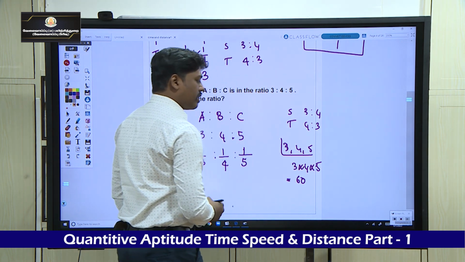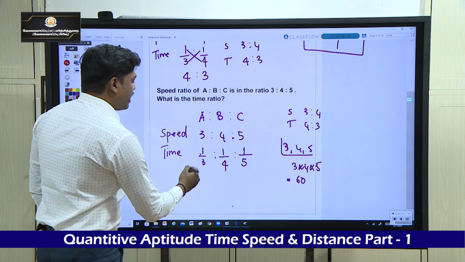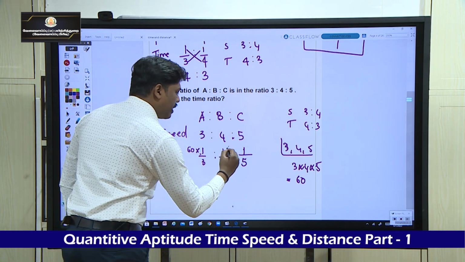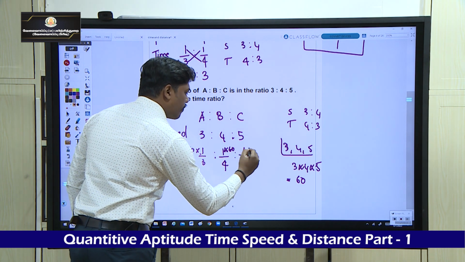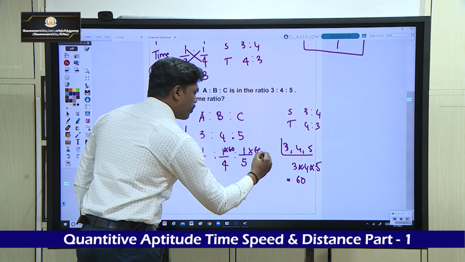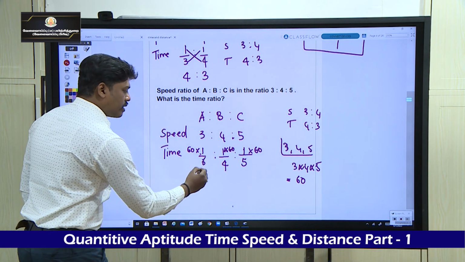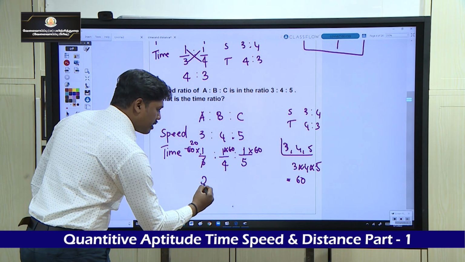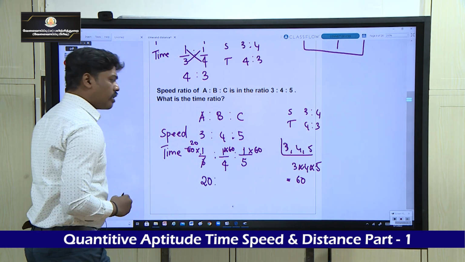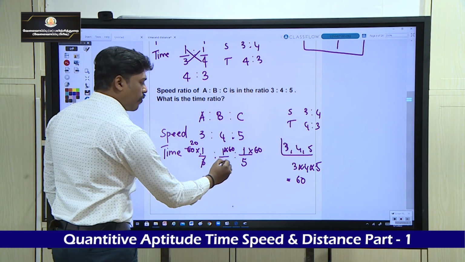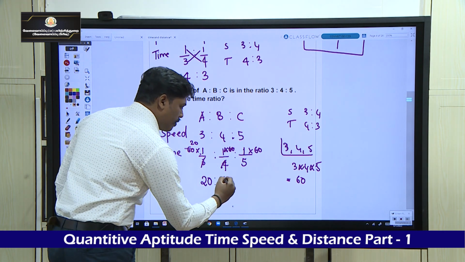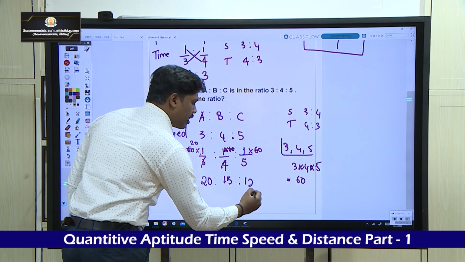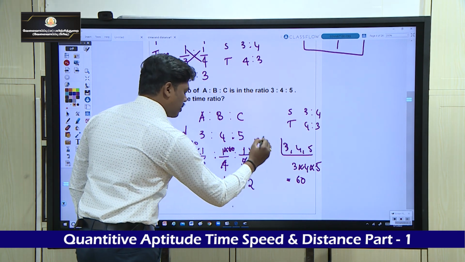So the LCM is 60. Multiply 60 with each term. Then 3 ones are 3, 20 times. So the time ratio for A is 20. 4 ones are 4, 15 times. For B it is 15. For C it is 12, 5 ones are 5, 12s are.